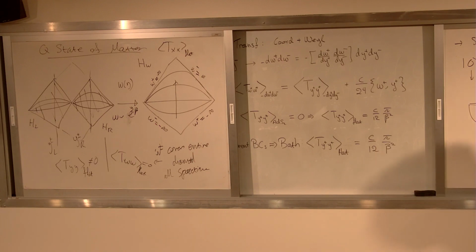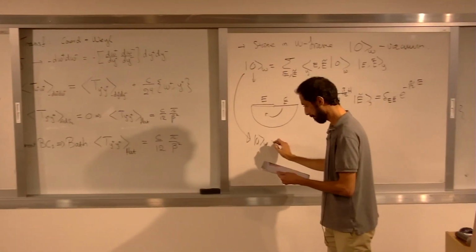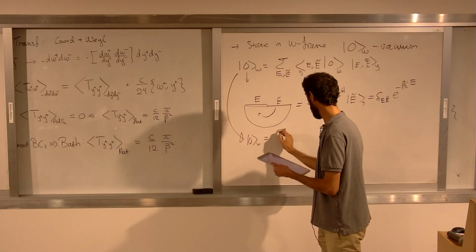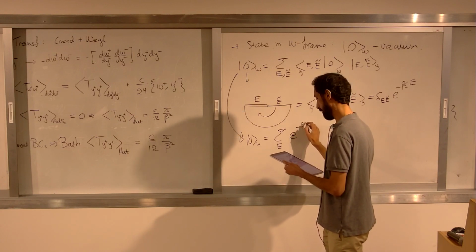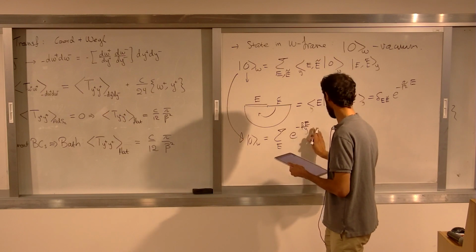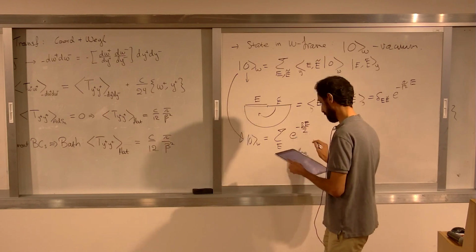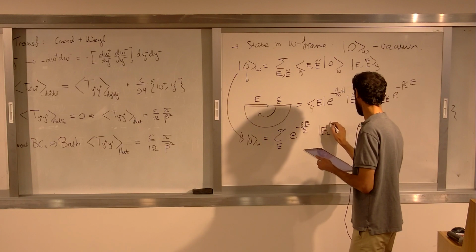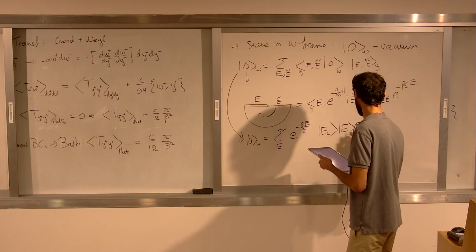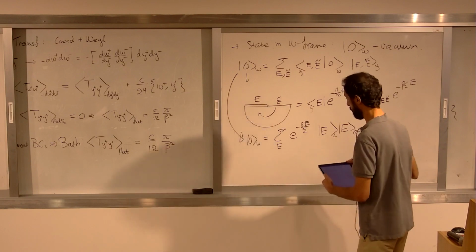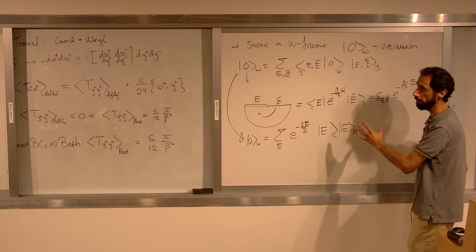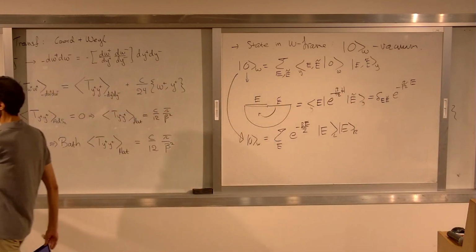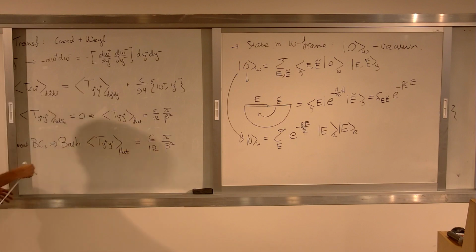This means that the vacuum state in the W frame can be expressed as the following in the left and right Y frames. So the vacuum state in the W frame is some entangled state of the fields on the right and the left.